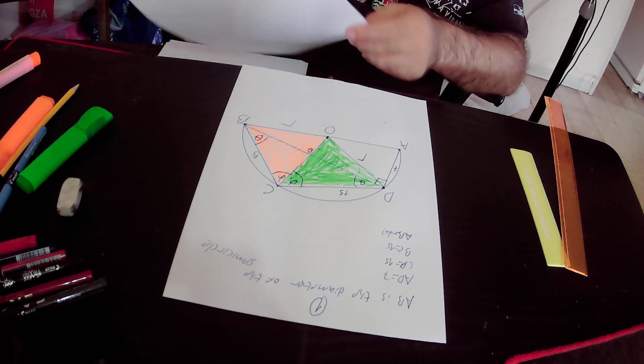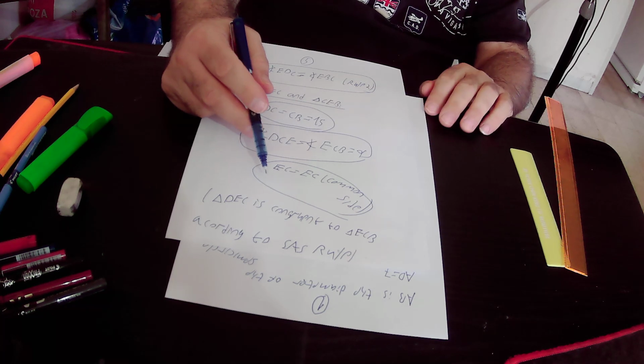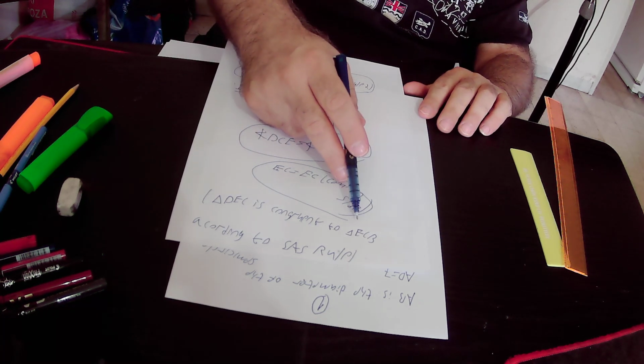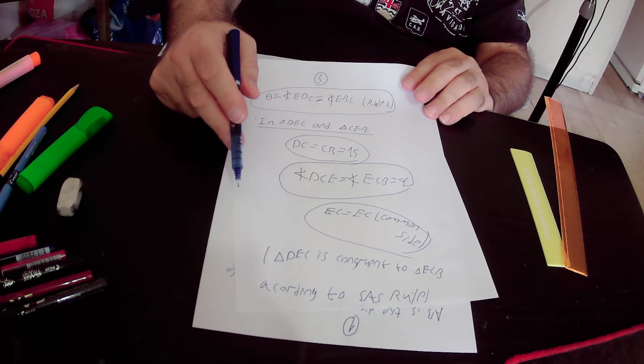So I read again the things that I want. The green triangle, triangle DEC, is congruent to the orange triangle, triangle ECB, according to side angle side rule.